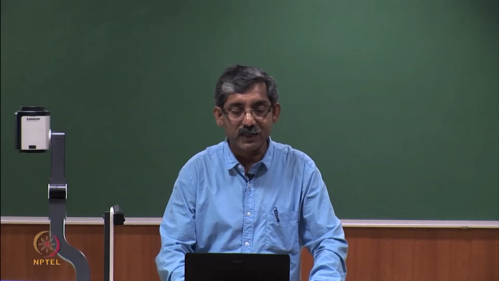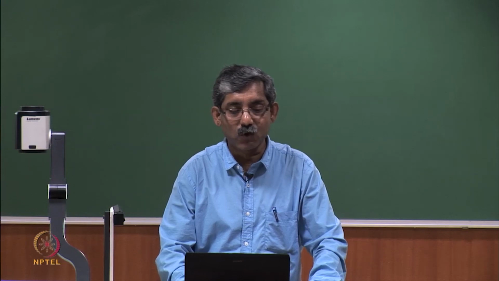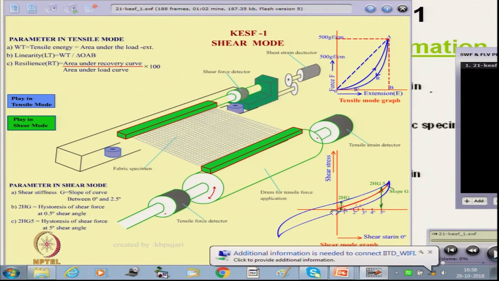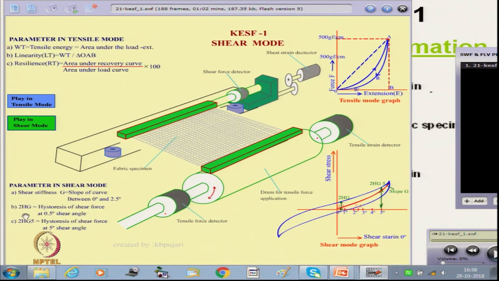So, shear stiffness is nothing but the slope of the curve between 0 to 2.5 degree. If we take the slope between 0 degree shear and 2.5 degree shear, that will give us the value of the shear stiffness G. Another parameter is 2HG, which is the hysteresis of shear force at 0.5 degree shear angle.